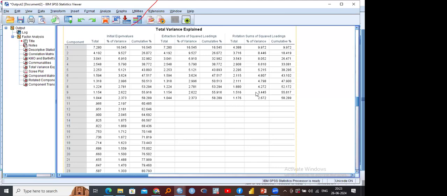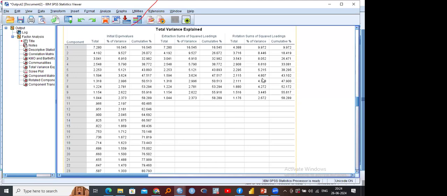So this is the reason why it tries to maximize variation for each component, but the total we will keep fixed. That is why iterations are done. If you remember, we had selected a maximum of 25 iterations. So this process keeps repeating until the variation for each component is maximized.